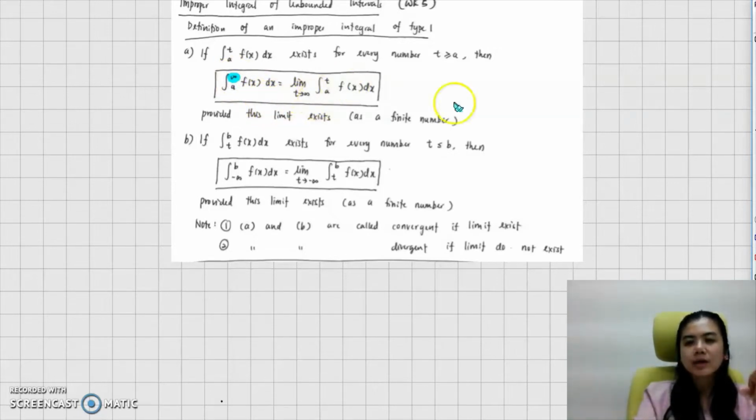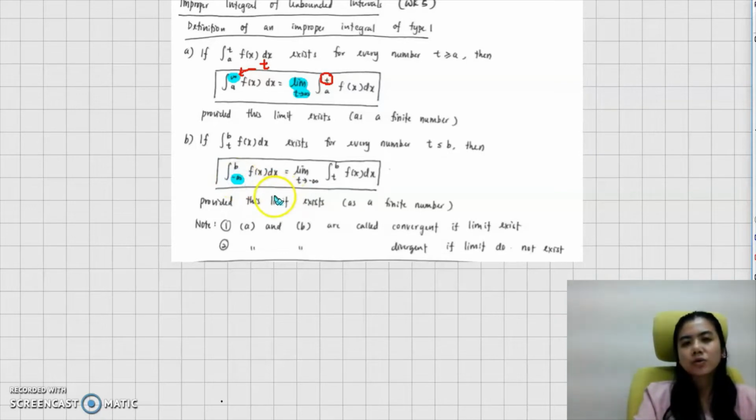what you have to do, if you look at this definition, is substitute this infinity with a t. That's why we have a t here. The next thing you have to do is write a limit in front of the symbol of integration. Perhaps you will come across the case of a negative infinity down here.